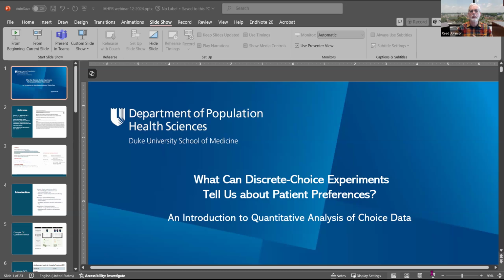All right, we are focusing today on a specific kind of stated preference method, which is called the discrete choice experiment. I lost the battle years ago on what to call this. This was Jordan Louviere's term. I prefer just stated choice modeling or studies.